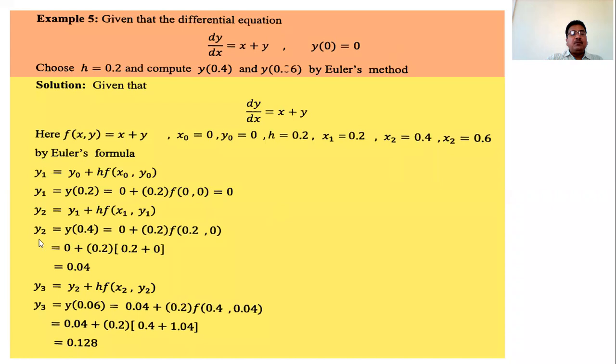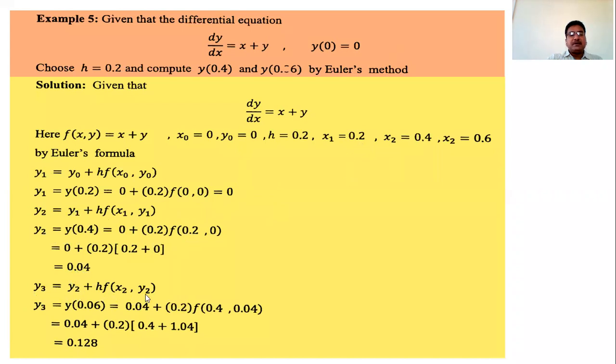The value of y2, the value of y at 0.4, is what? Again, by substituting the values of y1, x1 and h, we get this value, 0.04.